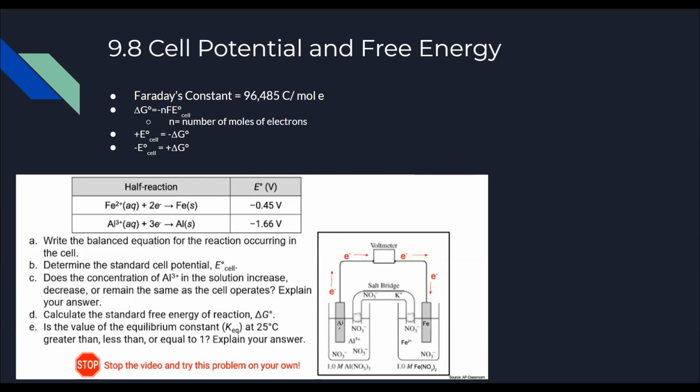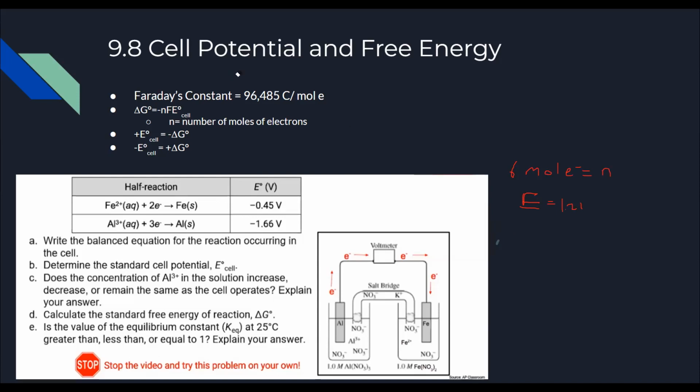So calculate the standard free energy of the reaction. The number of moles of electrons in this reaction would be 6 moles. So 6 moles of e-, which is n, and then E cell is 1.21. You can use your calculator to multiply 96,485 by 1.21 times 6.